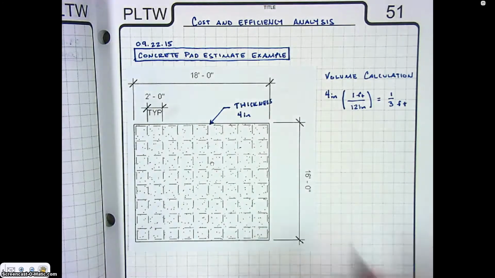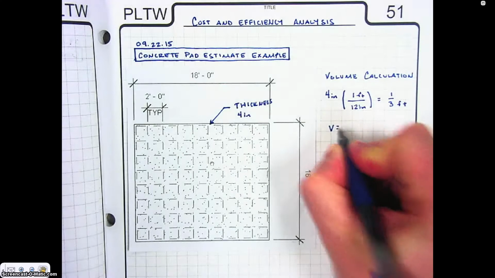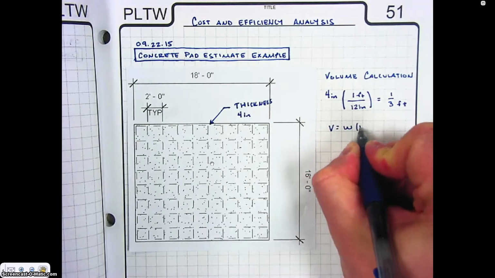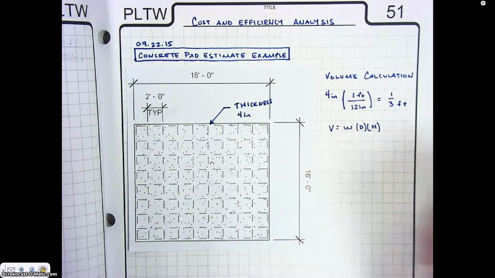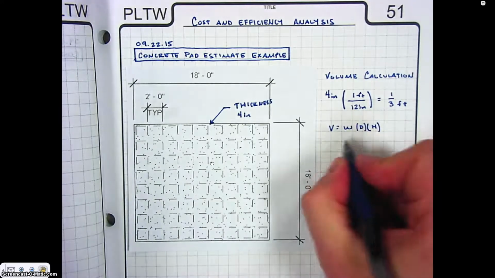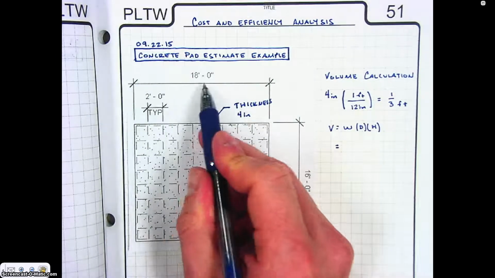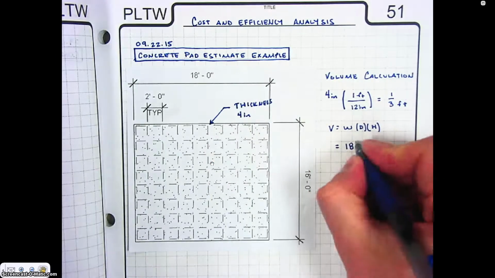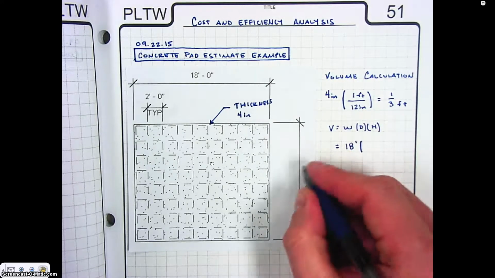All right? Now volume is equal to width times depth times height. For our concrete pad, the width is 18 feet. So I'll go ahead and put that in. Times the depth, which is 16 feet.